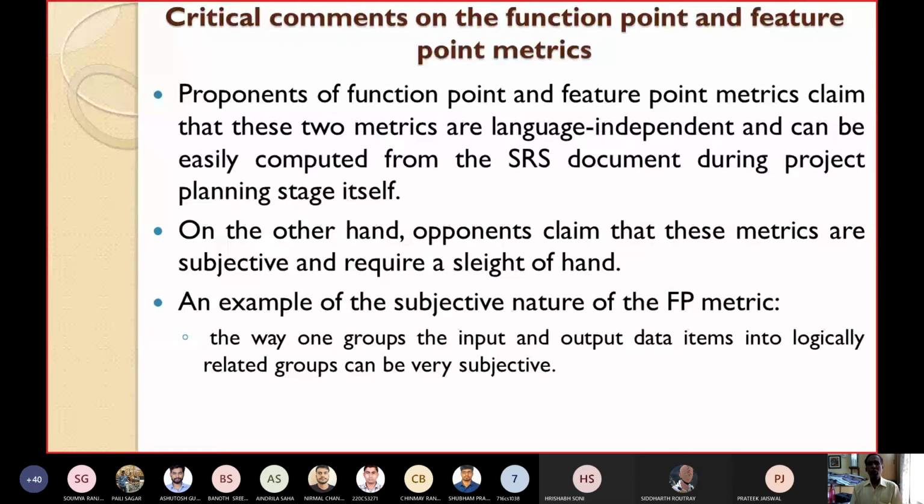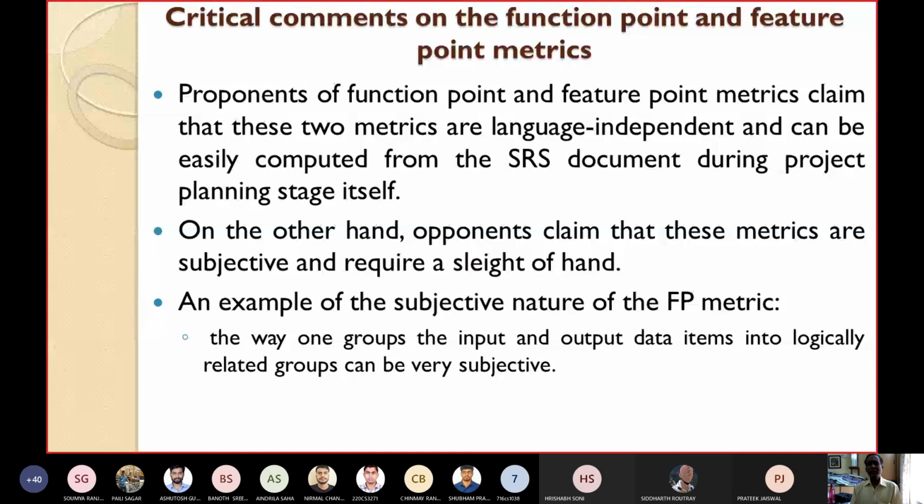On the other hand, the opponents claim that these metrics are very much subjective and may require a sleight of hand.